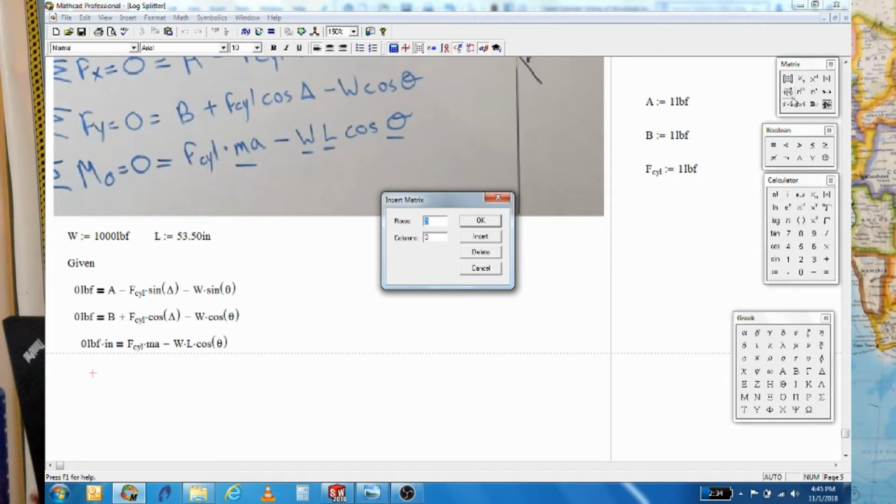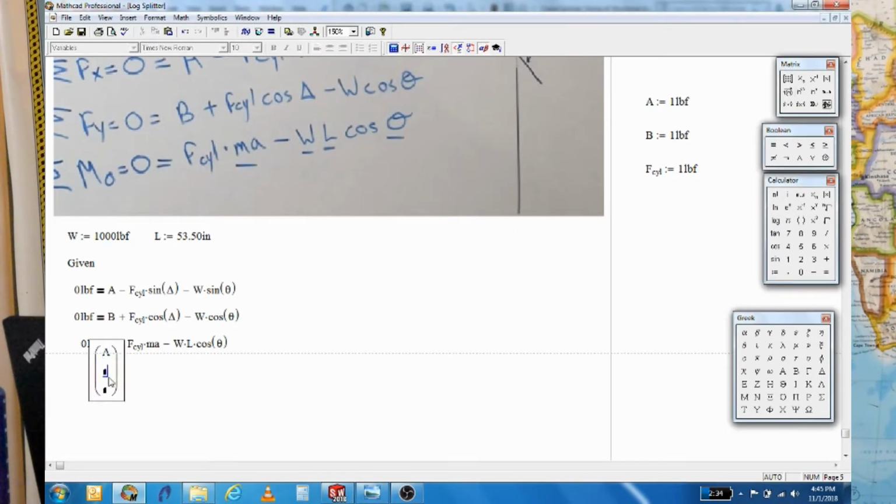Let's insert a matrix here. We want 3 rows and 1 column, and we're going to call it A, B, and force of the cylinder. And that is going to be equal to, let's drag it down here real quick.